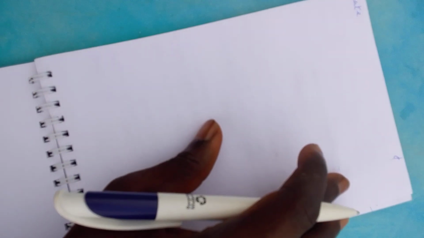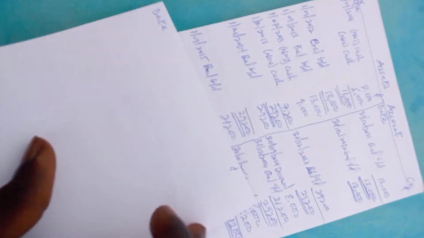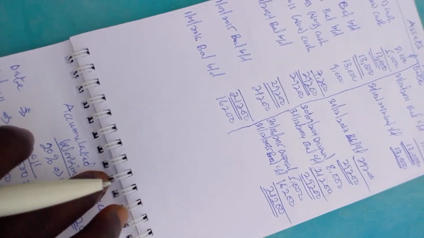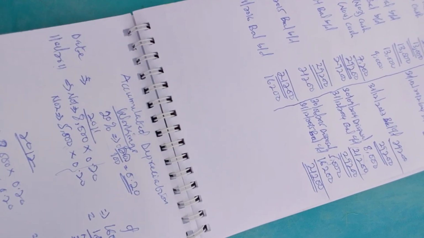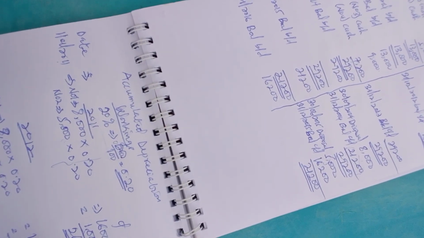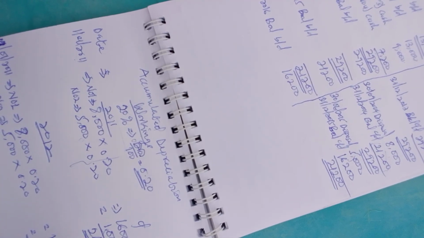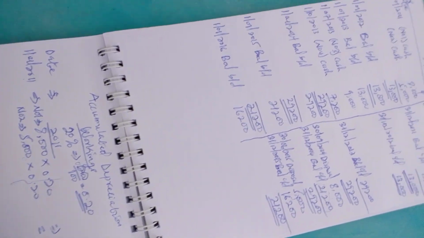So we are going to start with the asset number 2, and asset number 2 has been also disposed of by selling it as scrap. So the date that was being sold off was also 30th June 2015. That's when the asset was disposed.